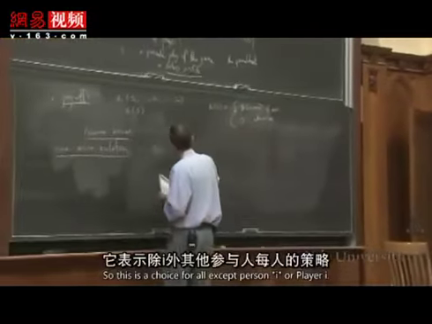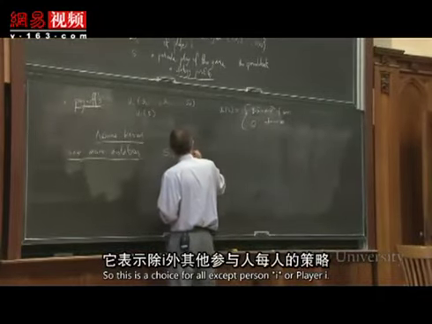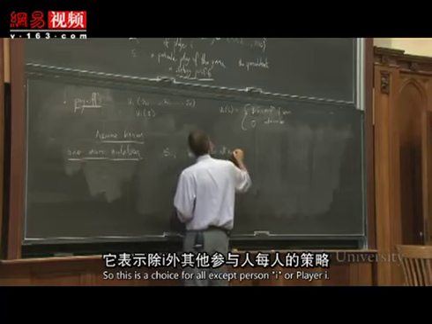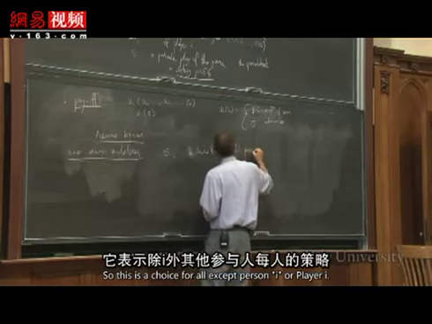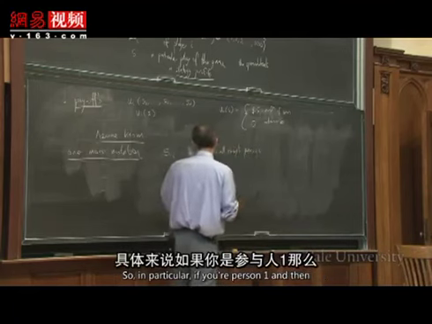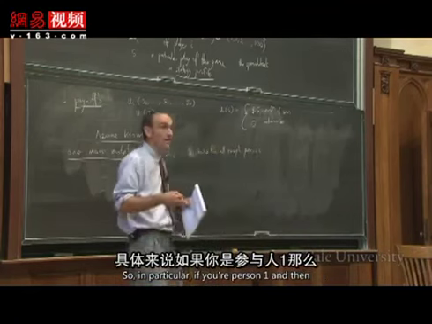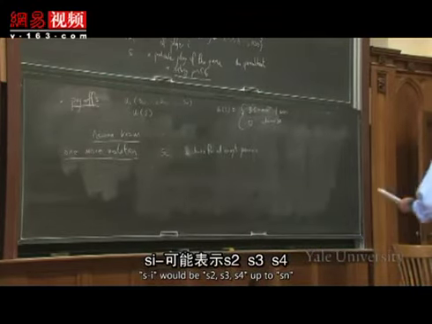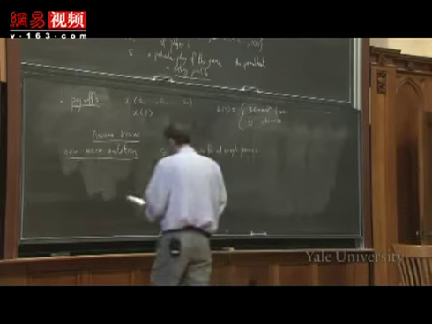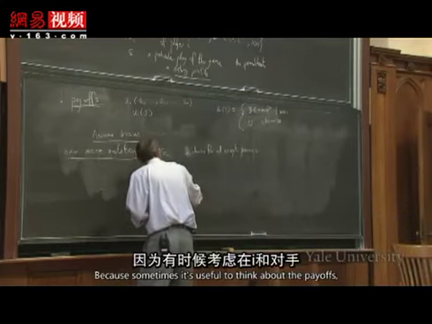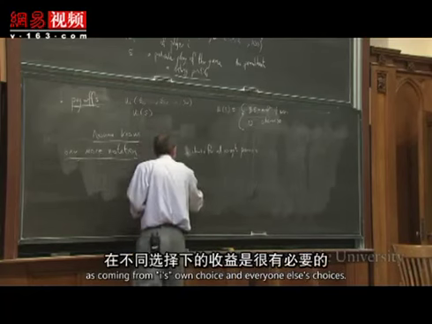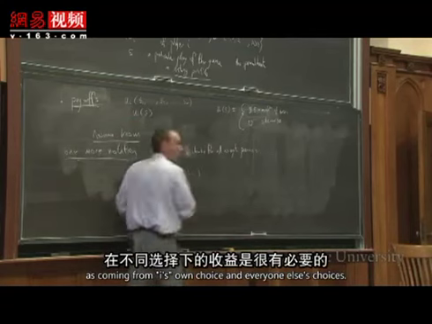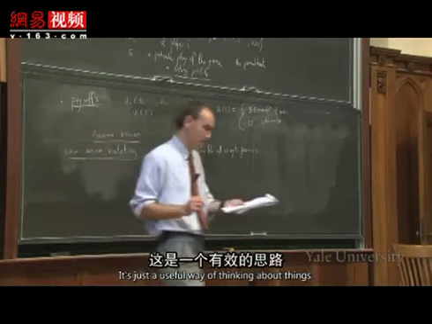So this is a choice for all except person i, or player i. So in particular, if you're person 1, then s_minus_i would be s2, s3, s4 up to sn, but it wouldn't include s1. And it's useful. Why? Because sometimes it's useful to think about the payoffs as coming from i's own choice and everyone else's choices. It's just a useful way of thinking about things.